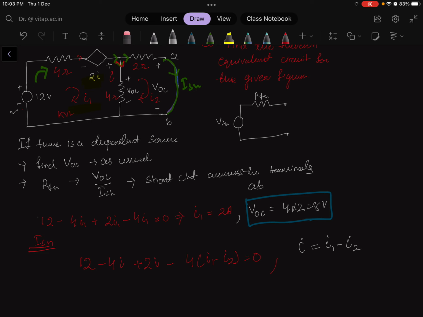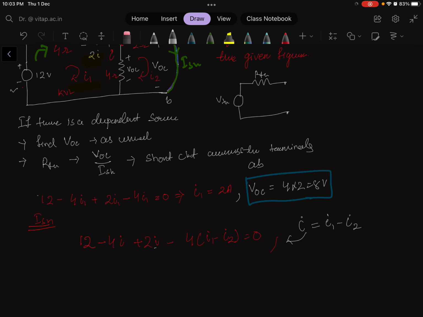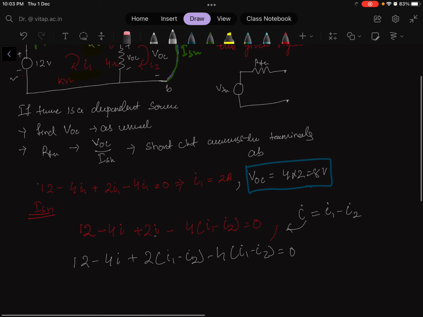So the value of I is I1 minus I2. Then this value we can replace here. So this equation can now be written as 12 minus 4i plus 2 whole into I1 minus I2 minus 4 whole into I1 minus I2 is equal to 0. So this will be my equation number 1.